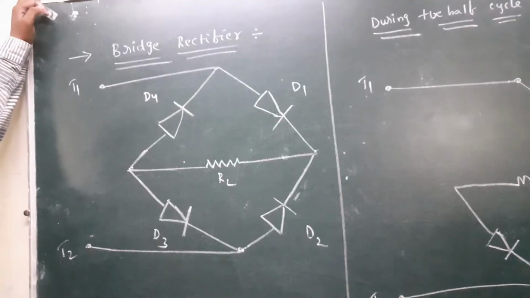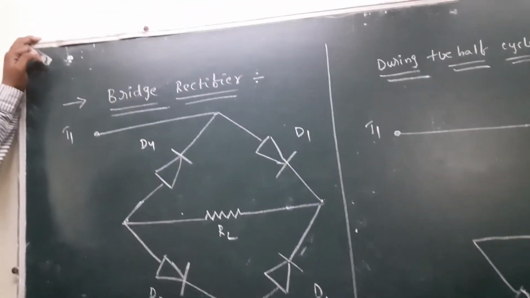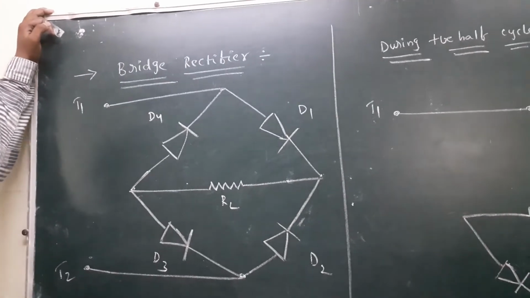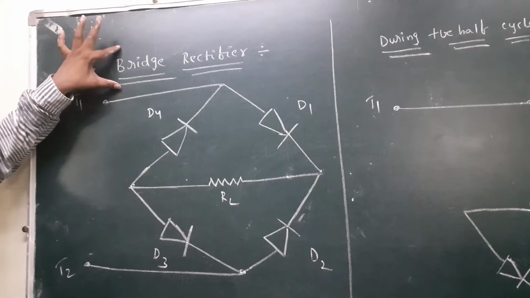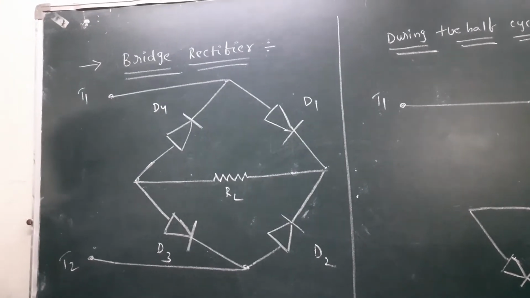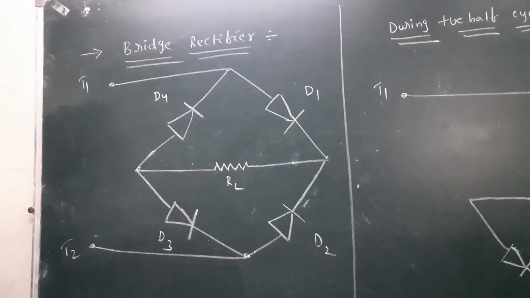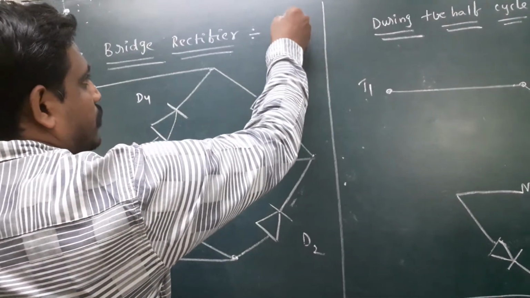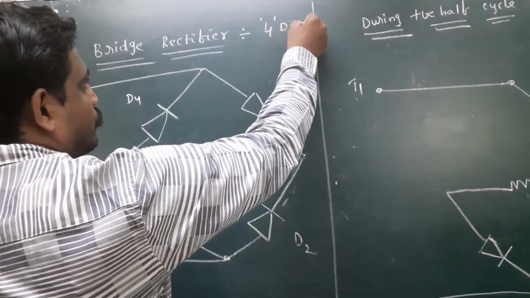Next I discuss the next rectifier, only for the purpose of objective questions. I discuss the bridge rectifier. In the bridge rectifier, four diodes are used. How many diodes, nana? Four diodes.